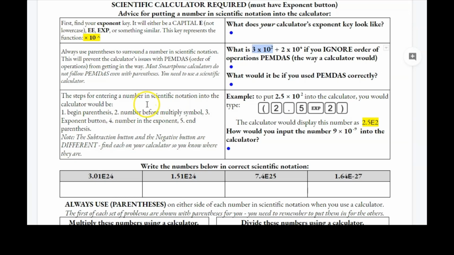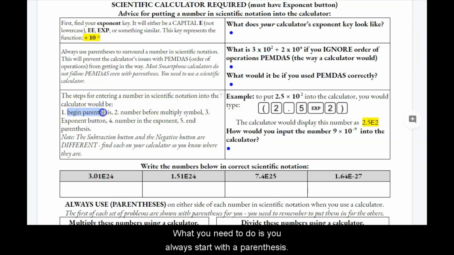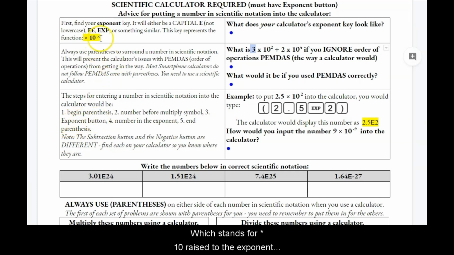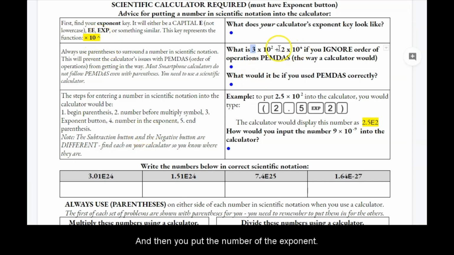And so what you need to do is you always start with a parenthesis. You put in whatever the number before the multiply symbol is, so for this one it would be 3. You type the exponent button, which stands for times 10 raised to the exponent, and then you put the number of the exponent. And then you end the parentheses.